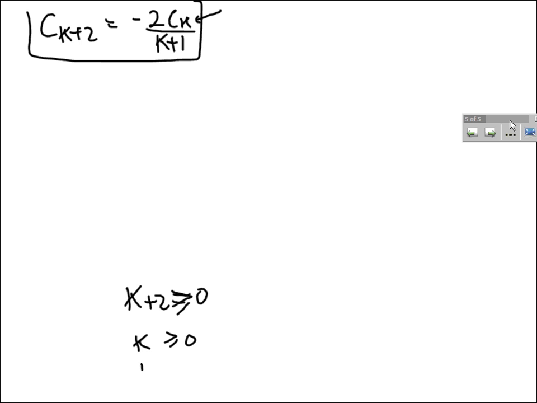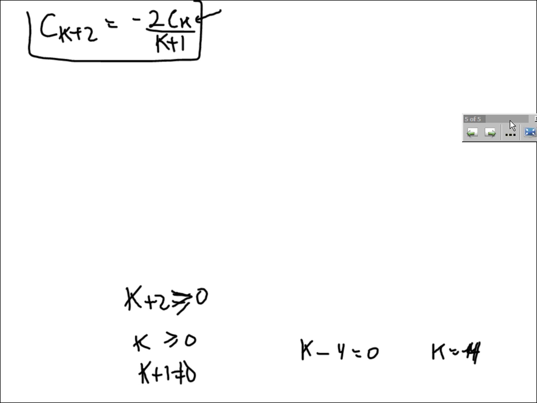And we know one thing, the bottom can't be 0. You can't divide by 0. Now, let's just say for the moment we had k minus 4. Well, that means k equals 4 is not allowed.